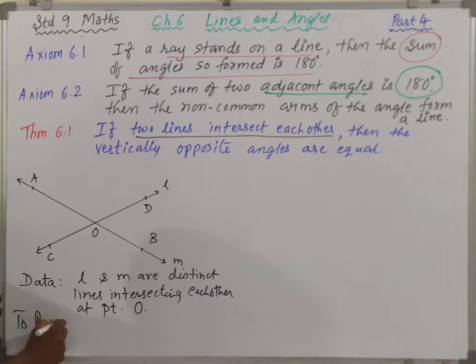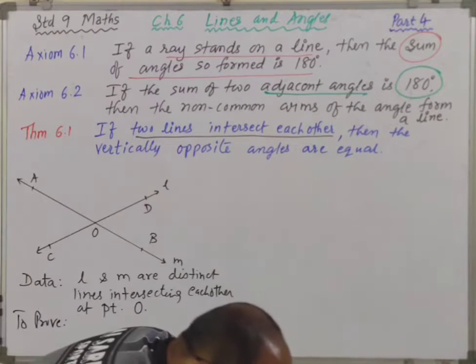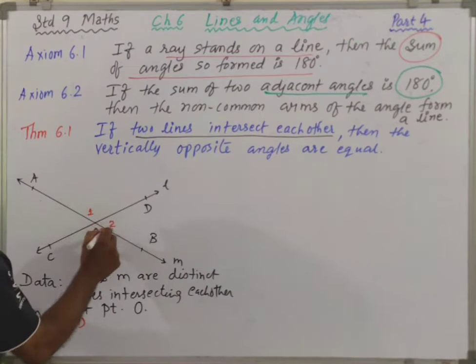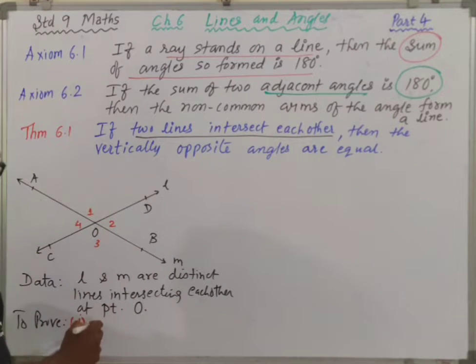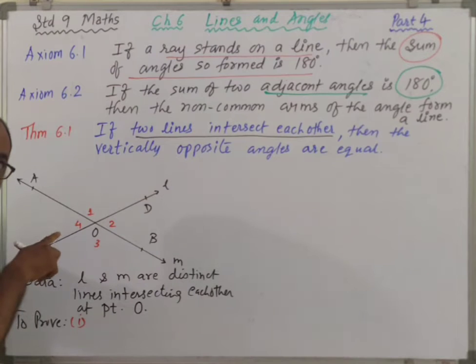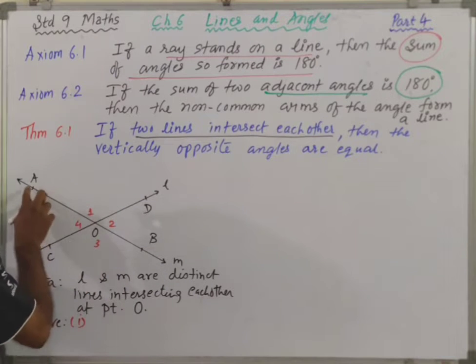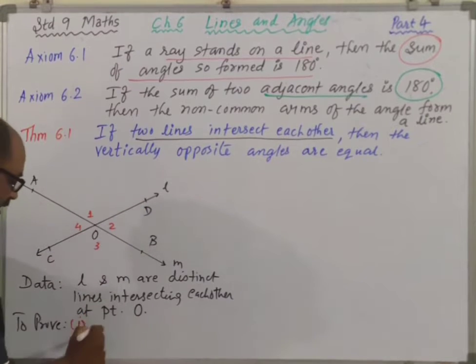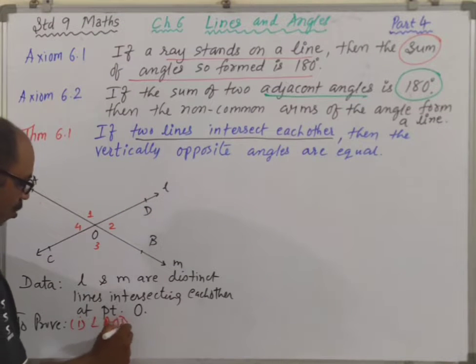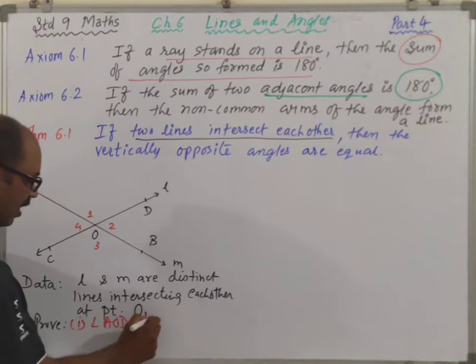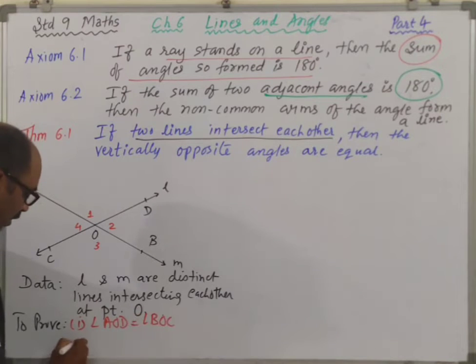To prove. So what is the first pair of vertically opposite angles, children? Number them 1, 2, 3, 4. But here you will have to write the name. 1 and 3. So angle AOD is equal to angle BOC. That is the first pair.